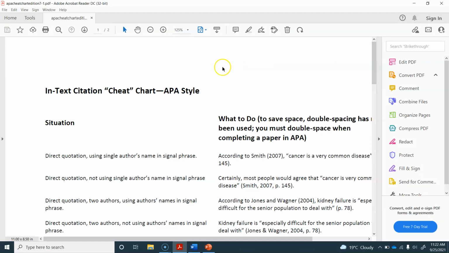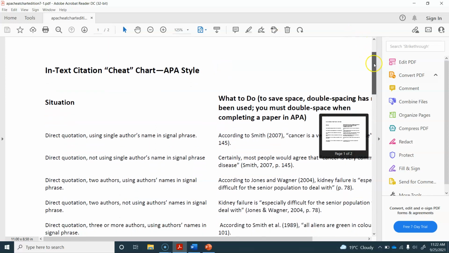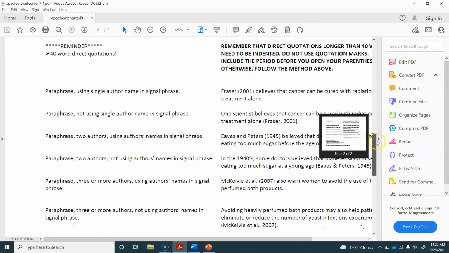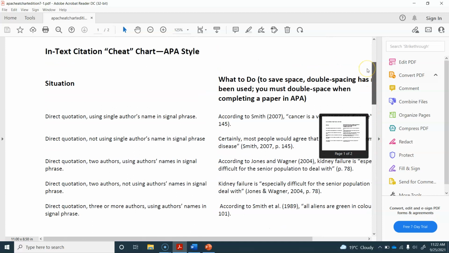I divided the cheat chart into two, okay? The first part deals with direct quotations, so when you're reproducing word for word for word. And then the second part of the cheat chart identifies what to do when you're paraphrasing. Okay, so that's your first big question.